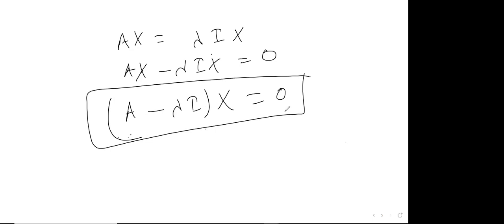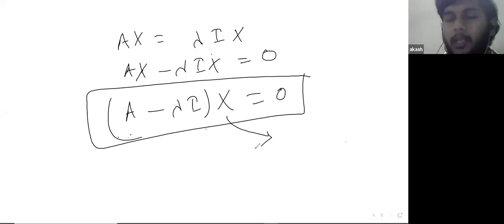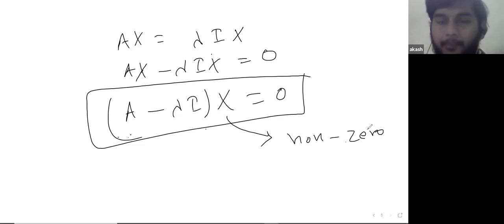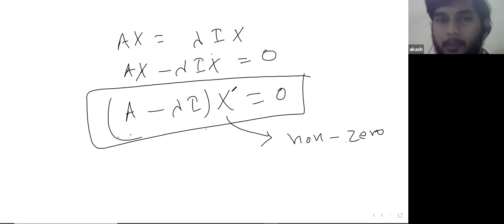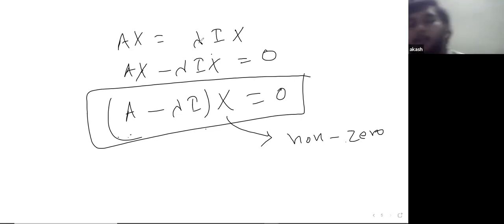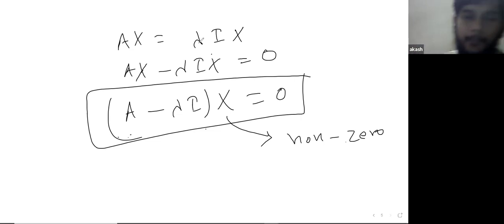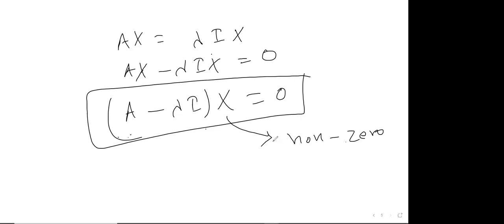Yes, sir. What we have to know about an eigenvector is that it is a non-zero vector. That means x cannot be a zero matrix, right? Yes, sir. But you also have to remember that eigenvalues can be 0. So lambda can take 0 as a value, but x cannot be a zero matrix, right? Yes, sir.